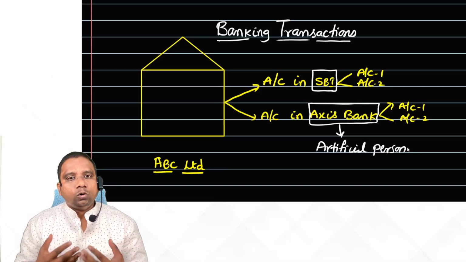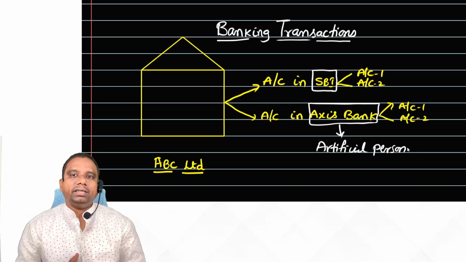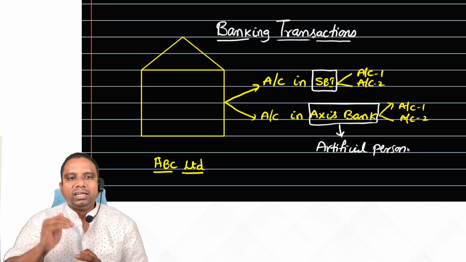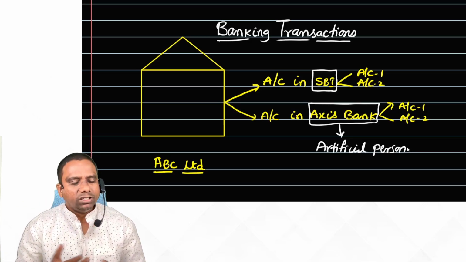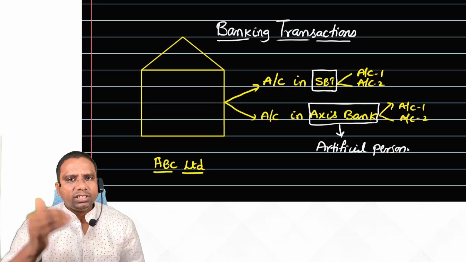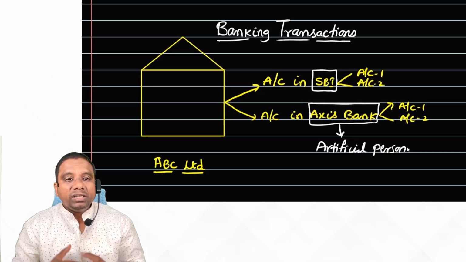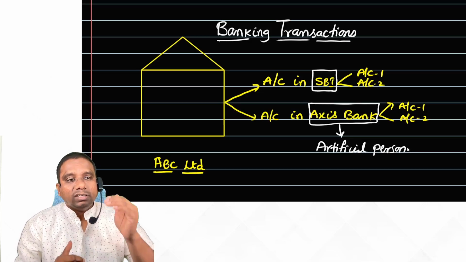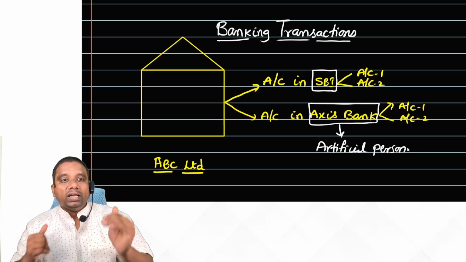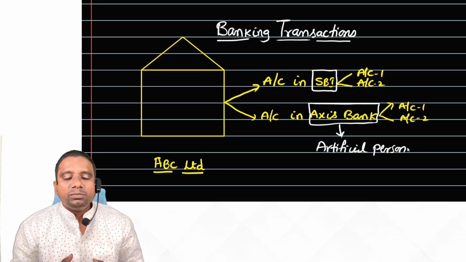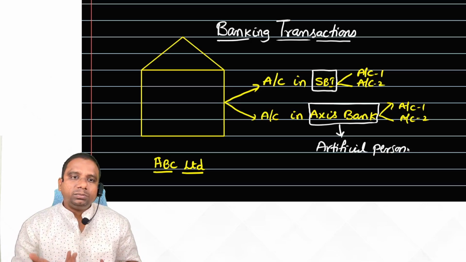ABC Limited opened an account with the Axis Bank. That is also one transaction. ABC Limited withdrew amount from Axis Bank. That is a transaction. ABC Limited withdrew amount from SBI Bank. It is also a transaction. ABC Limited transferred amount from SBI Bank to Axis Bank. That is a transaction.